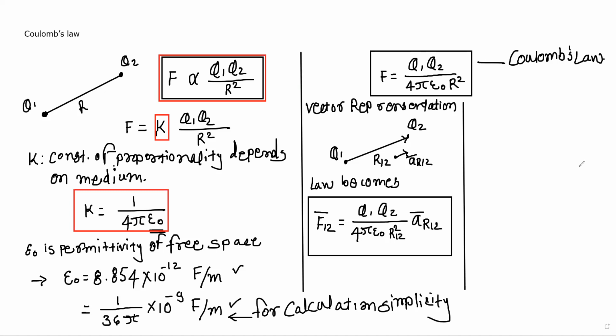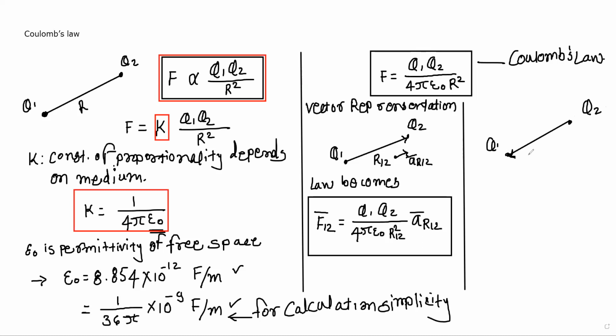Next case is the reverse. Here you have Q1, here you have Q2, and the vector direction is opposite. This is your vector, so I can draw the arrow at Q1.